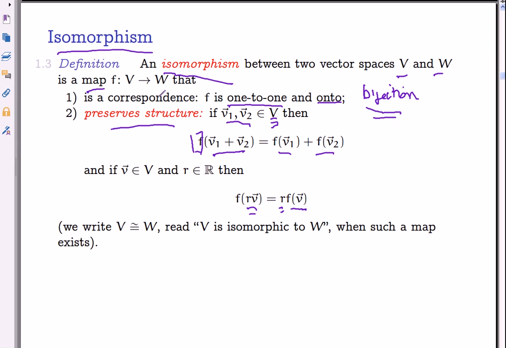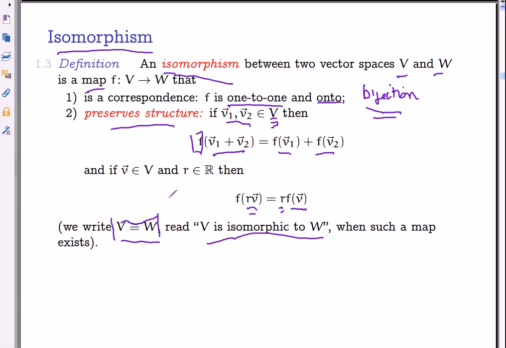Okay, and we say that these two vector spaces V and W are isomorphic. V is isomorphic to W. Actually, we will show shortly that if V is isomorphic to W, then W is also isomorphic to V. So really there's an equivalence relation that's reflected in this terminology.